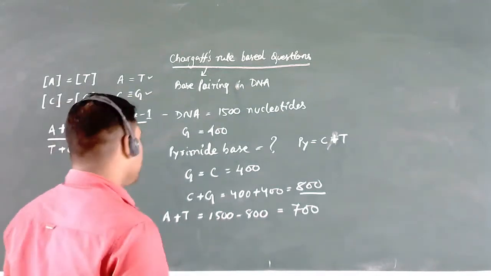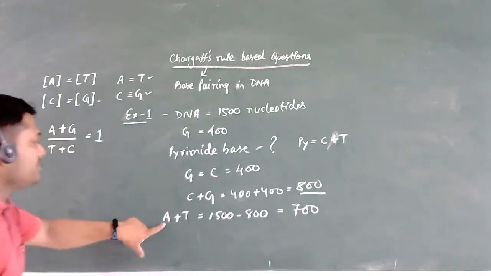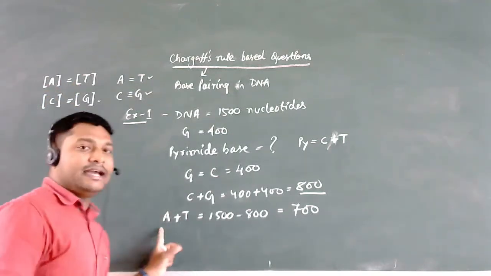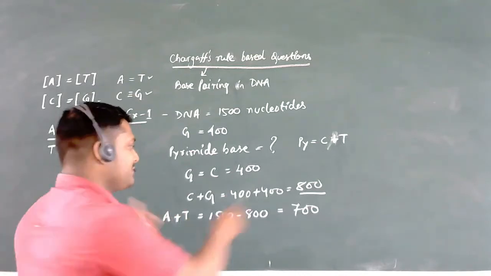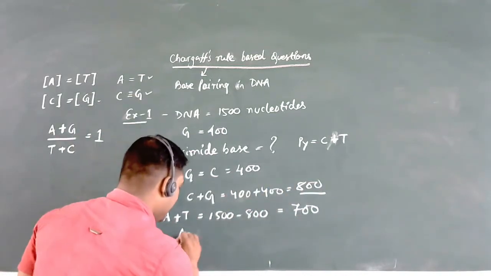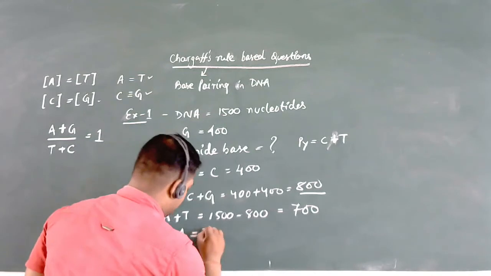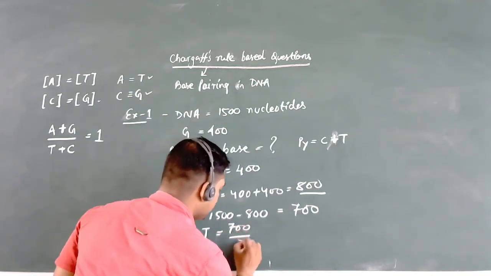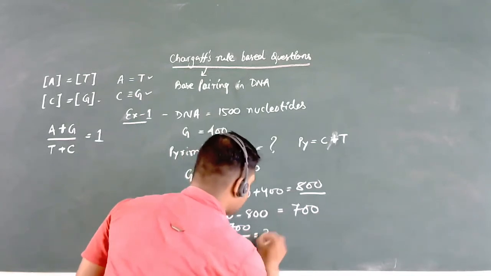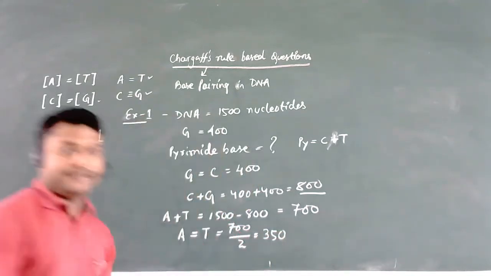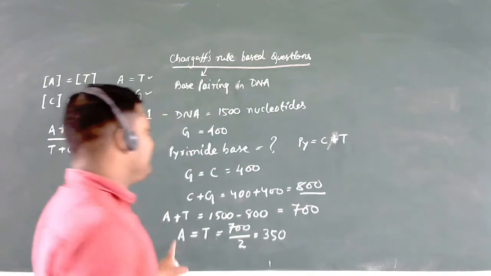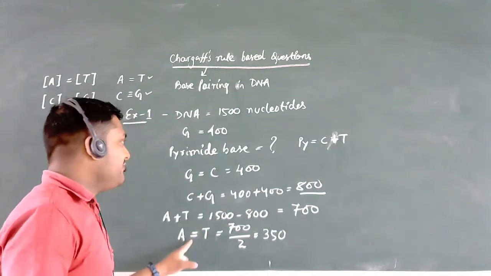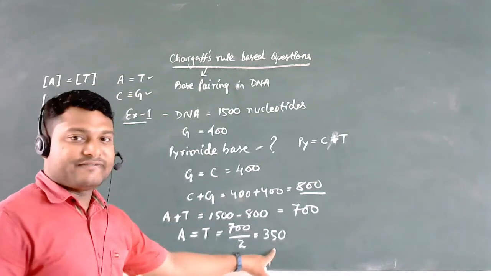So from here we can find, because again you have to know that A is equal to T. Whatever the value of A, that is going to be the value of T. So the value of A equals T, that is going to be 700 by 2, which is 350. So we now know the value of C is 400 and the value of T is 350.